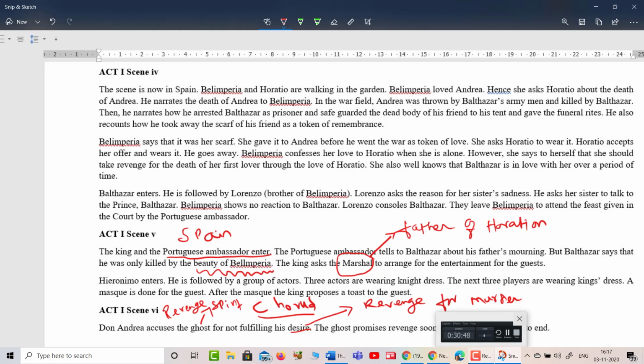And the revenge spirit, or Don Andrea as a ghost, gets angry because his desire to take revenge is not yet satisfied. It's good, but the revenge spirit promises revenge soon. There the act one comes to an end.